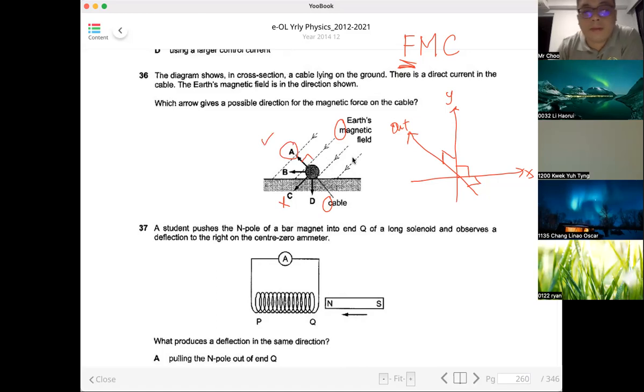For the maximum force to occur, your magnetic field and your current have to be 90 degrees to each other. Then your resultant force will be 90 degrees to your magnetic field as well as your current. Therefore, we use the Fleming left-hand rule.